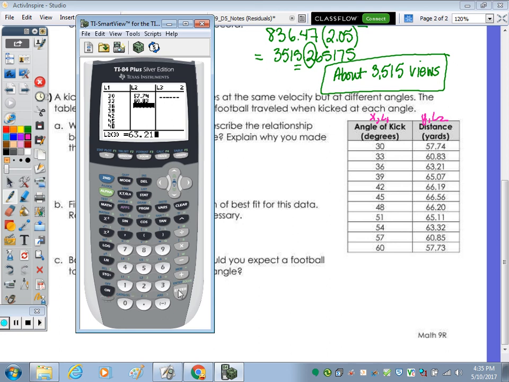So 3663.21, 3965.07, 42, and then 66.19, 45, 66.56, 48, and then 66.20, 65.11, and then 63.32, and then 60.85, and the last one, 57.73.